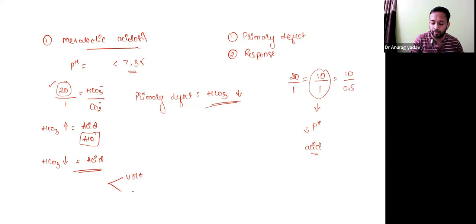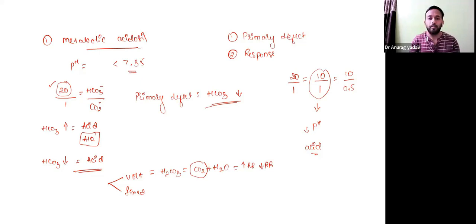The volatile acid is H2CO3, which is nothing but carbon dioxide plus water molecule. So you can change the concentration of carbon dioxide comfortably by either increasing or decreasing the respiratory rate. So if you want to bring the ratio back to normal, you increase the respiration.